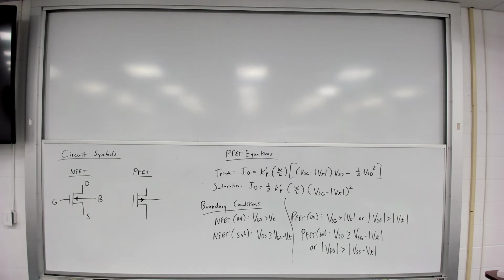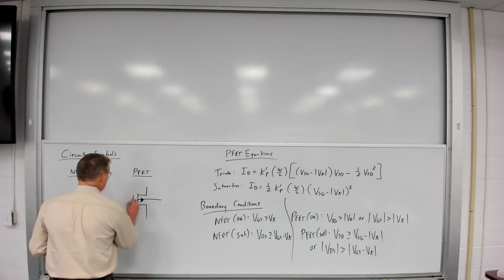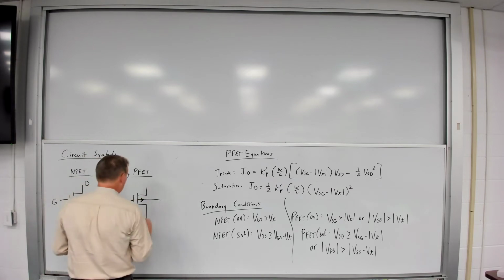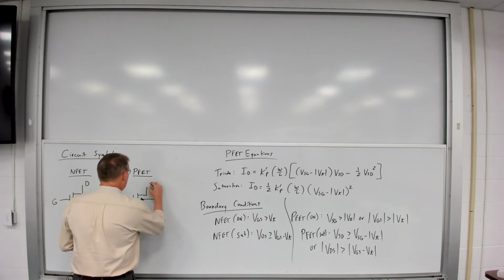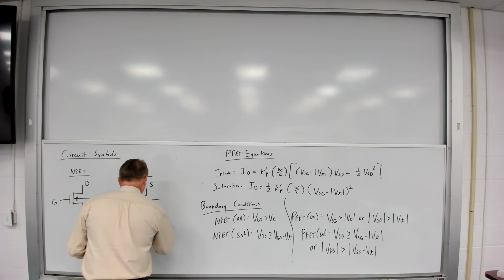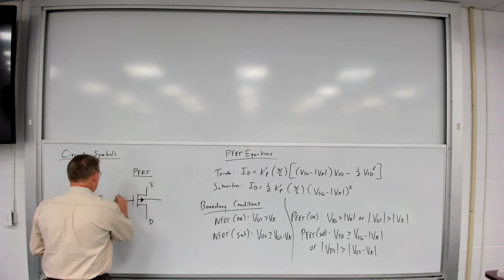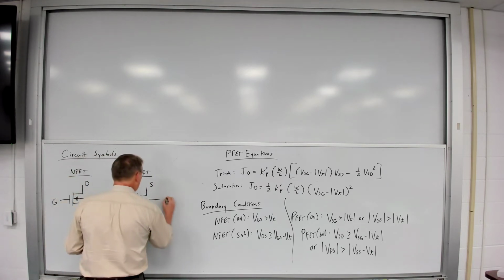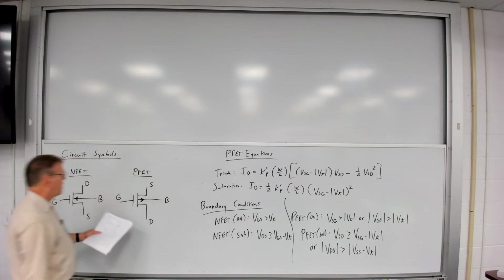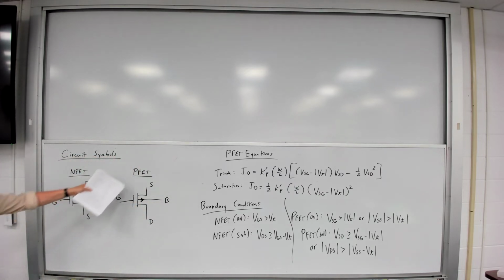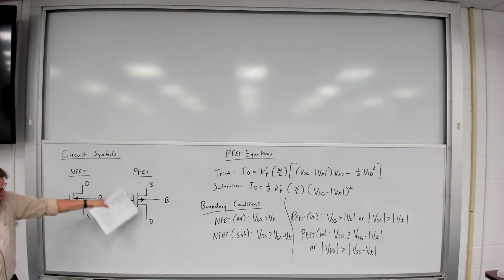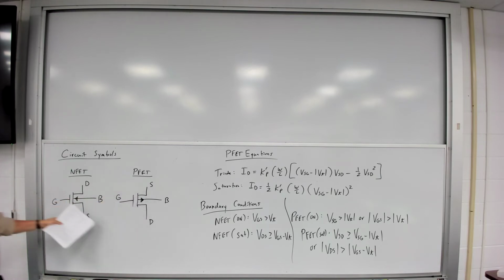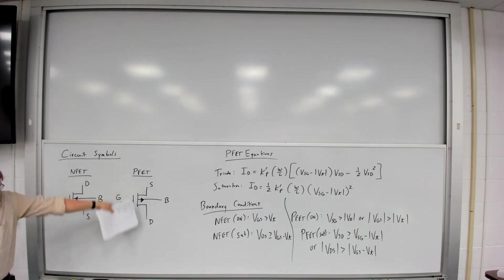All right? For the PFET, source, drain, gate, bulk. Now notice, I'm flipping the source and the drain. And this all comes down to the convention that we use whenever we are drawing schematics.